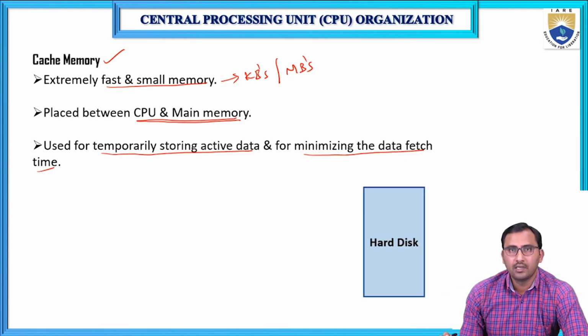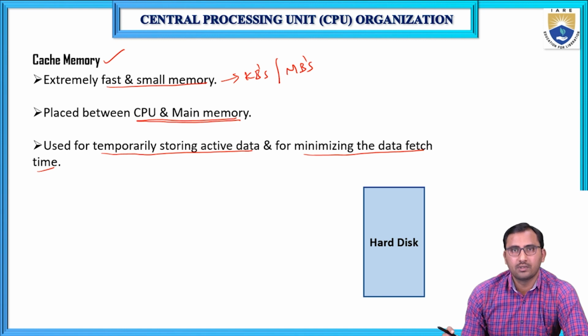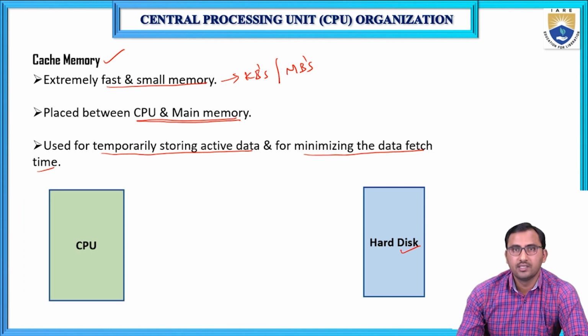Usually in the computer we will store some software. Software is nothing but a collection of programs. A program is nothing but a set of instructions. All that set of instructions will be stored in the hard disk. The software or programs present in the hard disk are executed by the CPU.